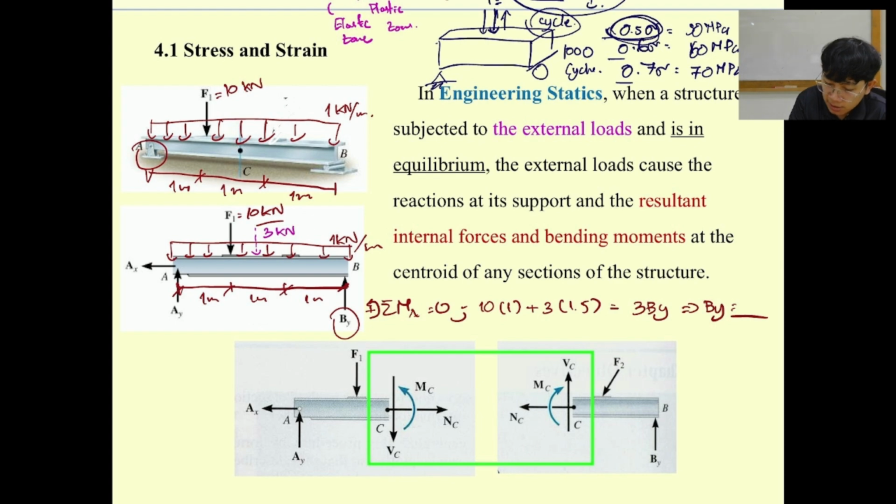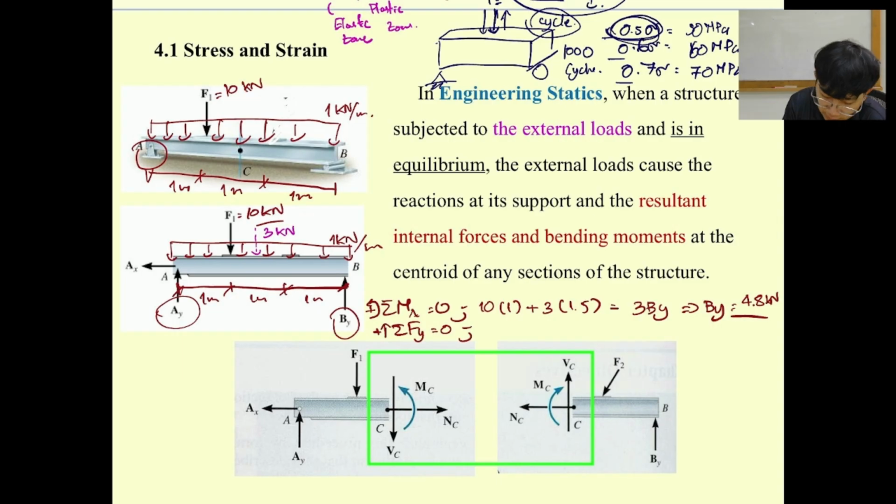So what is By? Can you calculate for me? I don't have a calculator with me. What is By? It's 4.8 kilonewton, right? So if I would like to find the reaction Ay, can I find it? I can also find it by positive going up, summation of Fy equal to 0.